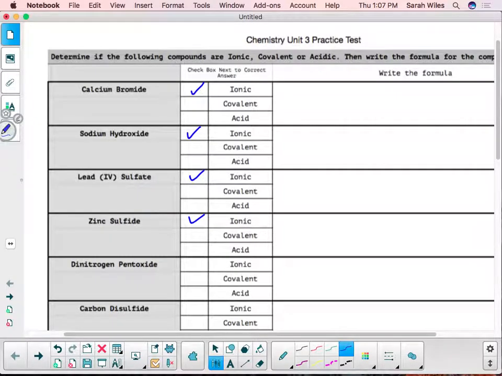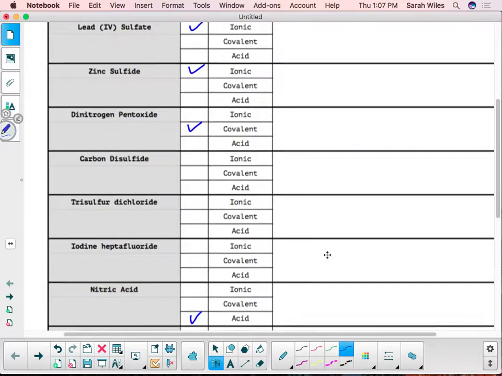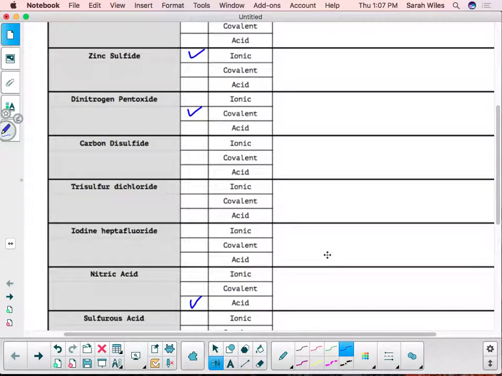Dinitrogen pentoxide screams covalent. Nitrogen is a non-metal, and we have prefixes. Next one's covalent. Carbon is a non-metal because it's to the right of the staircase, and it has a prefix, so it's covalent.